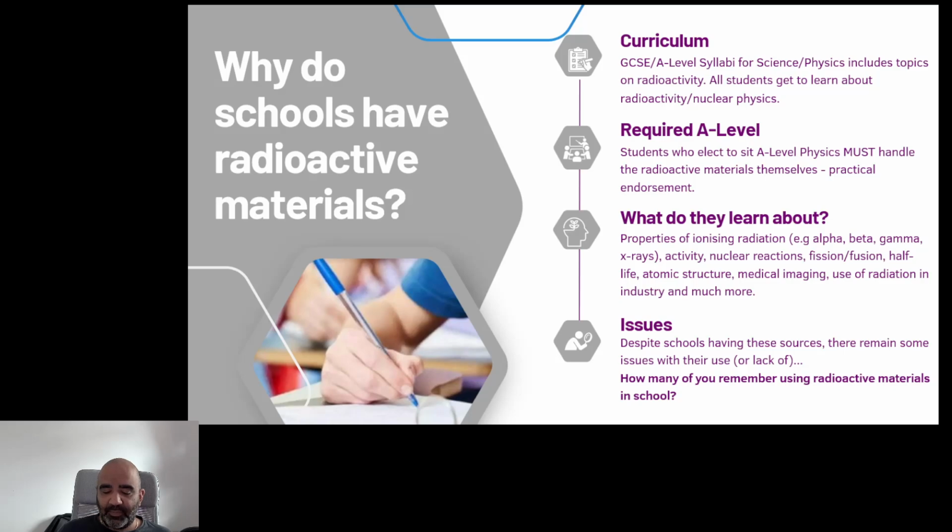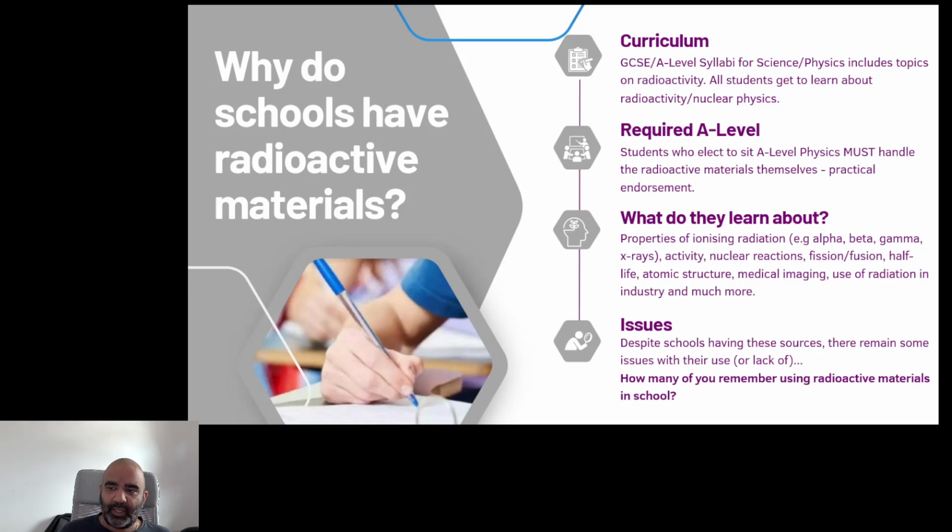So in terms of what they learn within the curriculum, it's the properties of ionizing radiation. They learn about alpha, beta and gamma radiation, X-rays, they learn activity, nuclear reactions, fission and fusion. They learn what half-life is, and this is where they often do an experiment either with a protactinium generator, or more commonly the radon-220 gas mantle generator, to look at the half-life of radon-220.